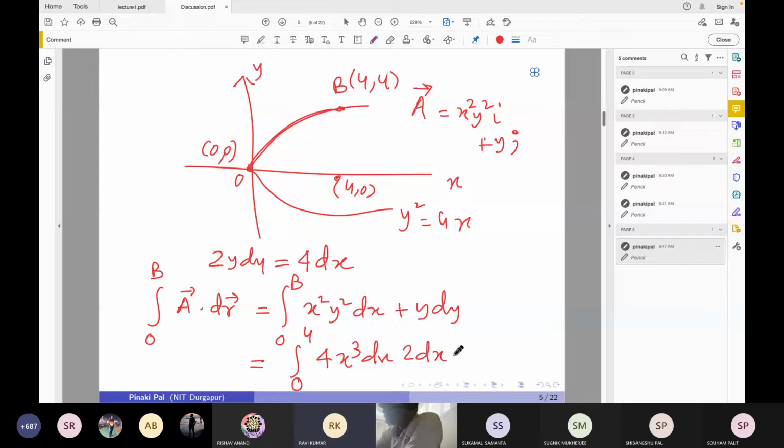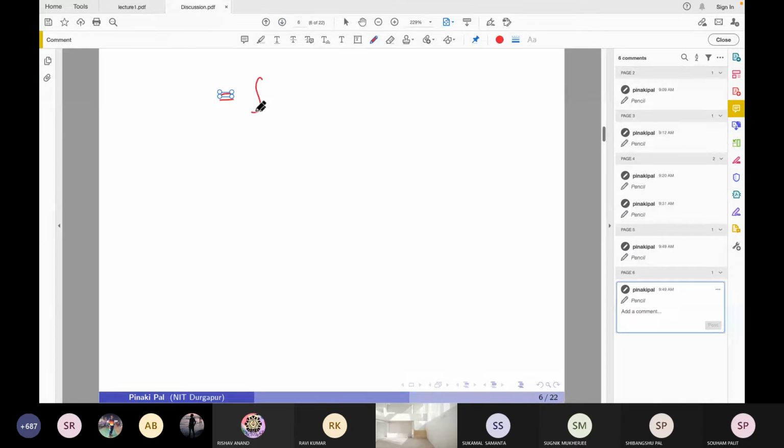So plus 2 dx. If we take common, it is the integral from 0 to 4 of 4x cube plus 2 dx. So now life is very simple for us.